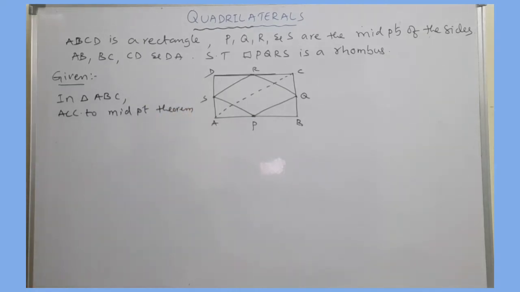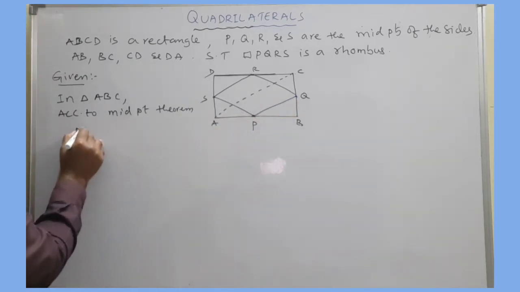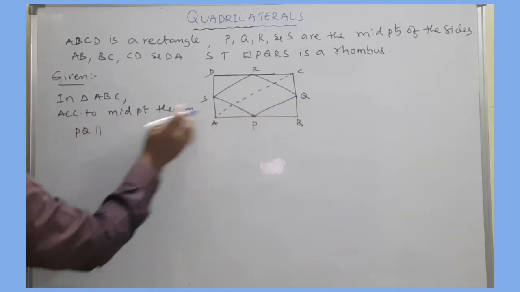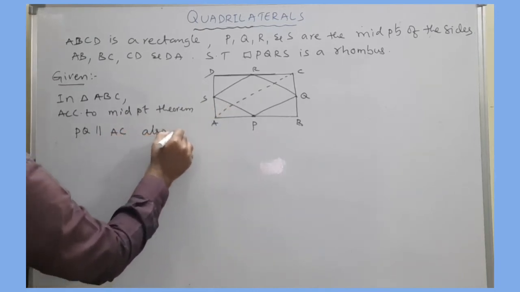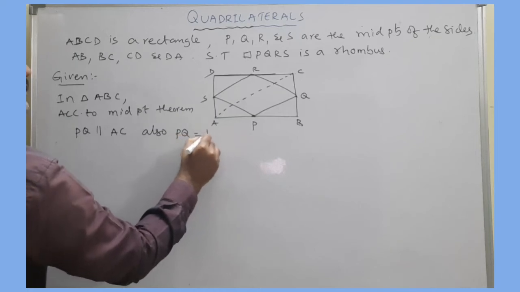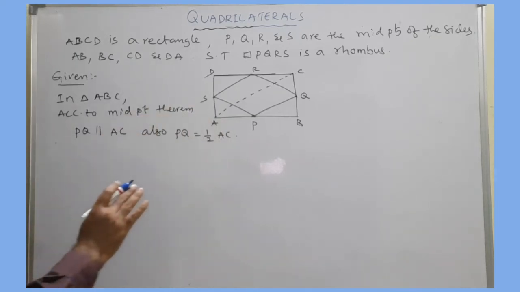The line joining the midpoints of any two sides of a triangle will be parallel to the third side and also half of it. So PQ is parallel to the third side AC, and also PQ is equal to half of AC.